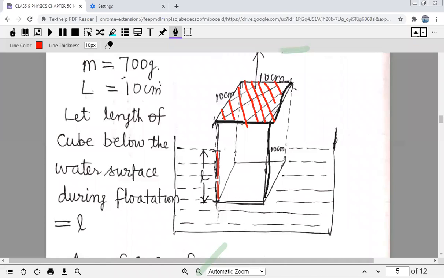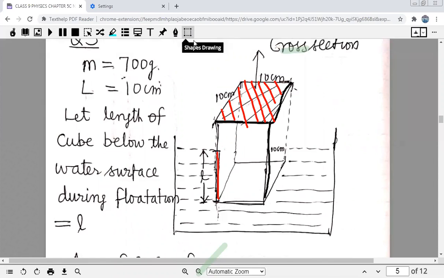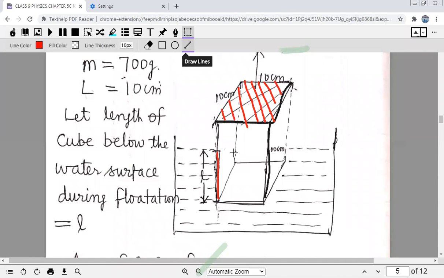If we take the length of the immersed portion as L, then what is the volume of the immersed portion? Sir, capital V minus L.